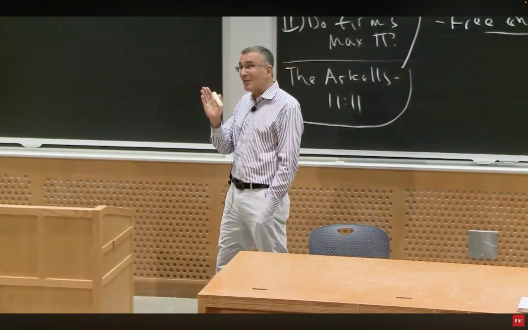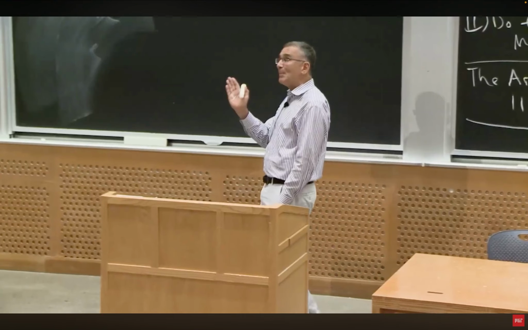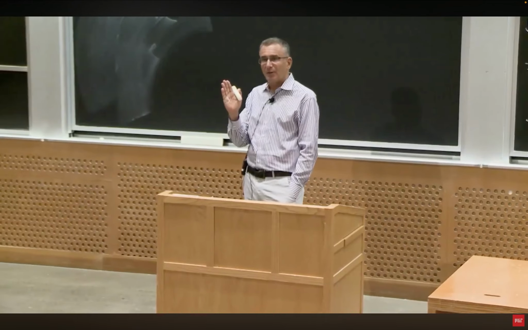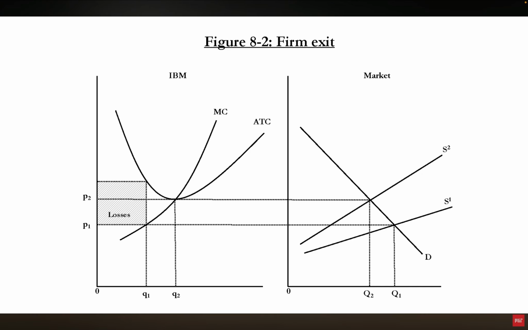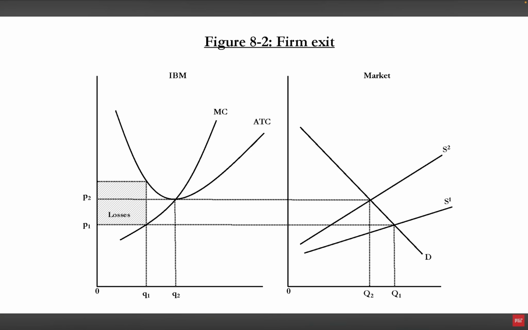Just like firms entering flattens the supply curve, firms exiting steepens the supply curve. You steepen the supply curve, that raises the price. And at this point, I've drawn it, raised the price to P2, where IBM is basically making zero profits. So the way I've drawn it, we've gone from Q1 to Q2, that's raised the price to P2. At P2, price equals marginal cost equals average cost, and profits are zero.